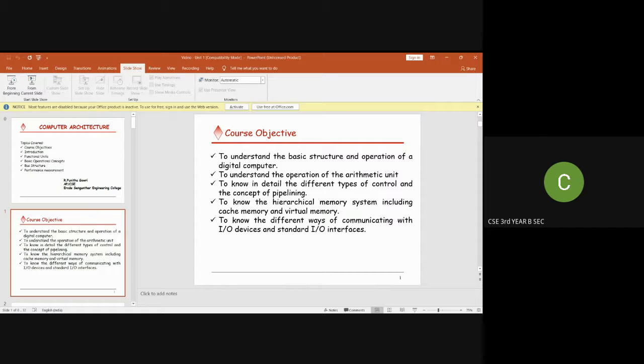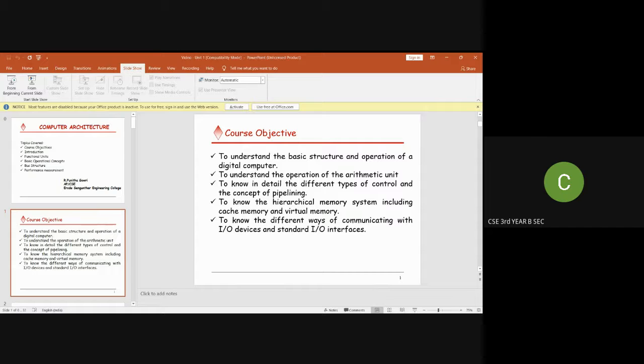Also, the last one is what input output devices are available, how they communicate with each other, and how the input output device is connected to the processor by using the input output interface. So these are all the course objectives of the computer architecture subject. After learning the subject, you should understand all these things.